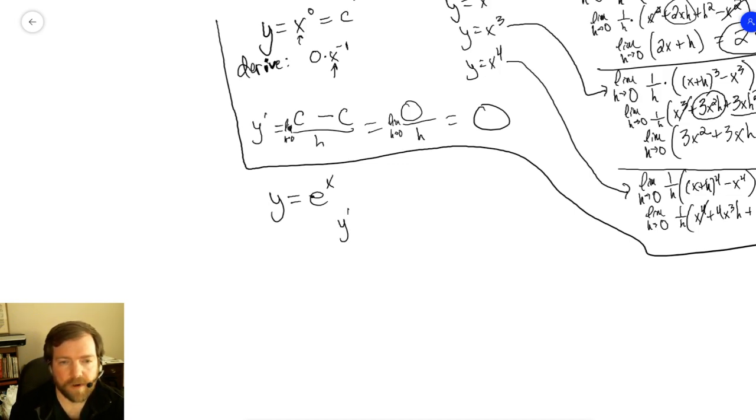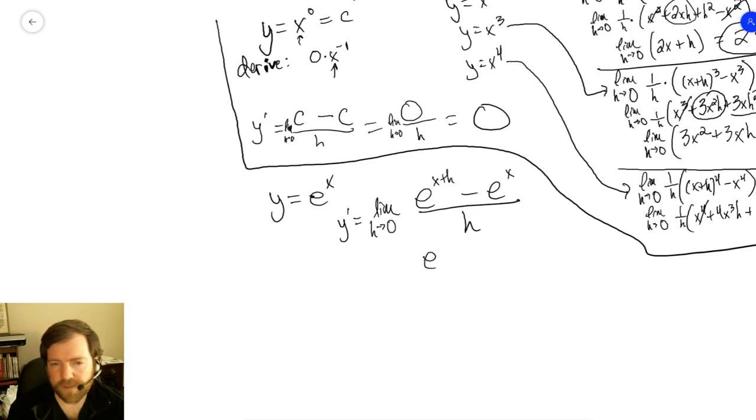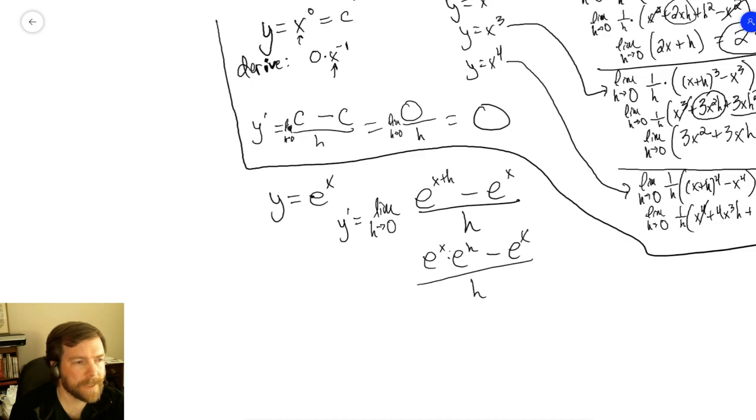So y prime is going to be equal to the limit as h goes to 0 of e to the x plus h minus e to the x, divided by h. We can factor out, or we can break this up, make it e to the x times e to the h minus e to the x, over h. So it's not a 1, it's a prime.